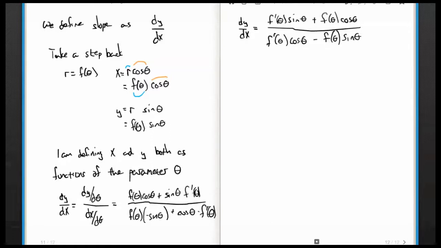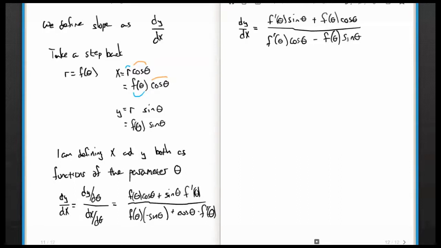Right, same thing, I just changed the order really on the bottom, so it's a little more consistent. F prime sine, f cosine, f prime cosine minus f sine. So that's the equation for the slope.